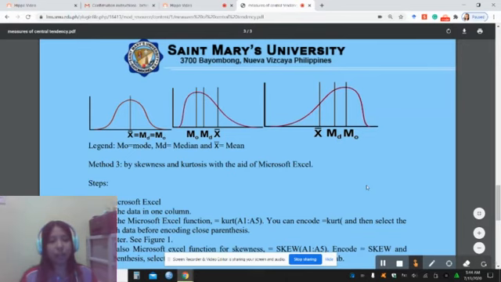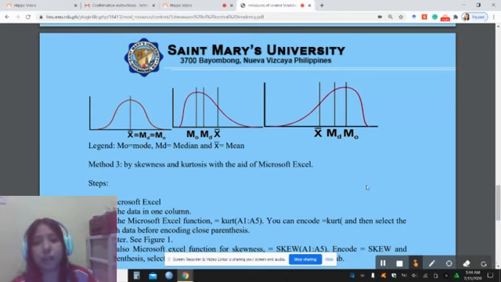But anyway, it is not important anymore if it's positively skewed or negatively skewed. The idea here is that if the values that you computed for the mean, the median, and mode are approximately equal, then we can say that the data is normal. However, if it is not, then the data is not normally distributed.